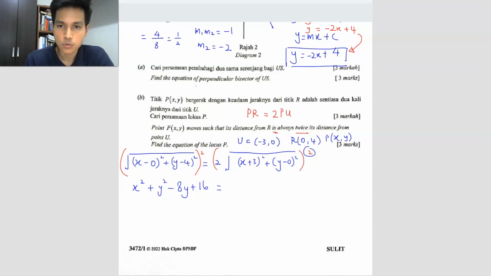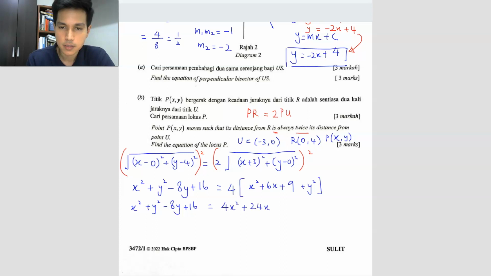So the 2 you must also square, and the square root you must also cancel with the square. So you get 4 bracket x squared plus 6x plus 9 plus y squared. Okay, so you expand this, this side will remain the same, and the other side will be 4x squared plus 24x plus 36 plus 4y squared.